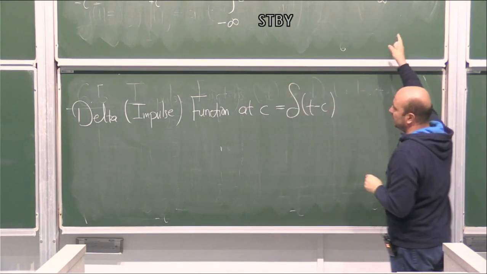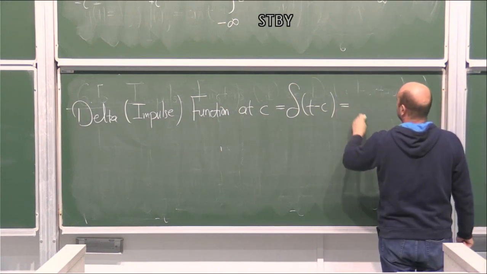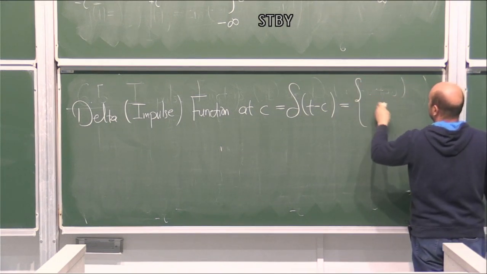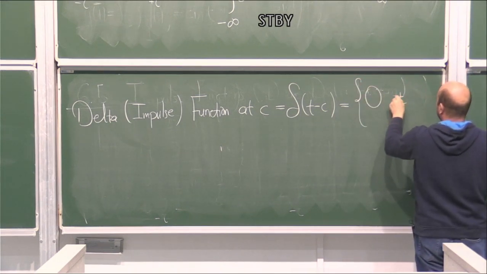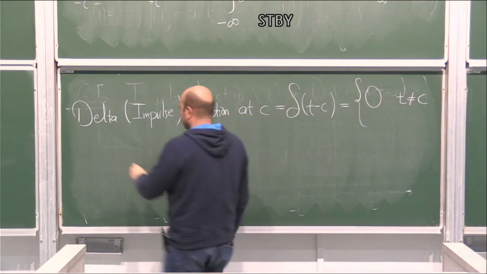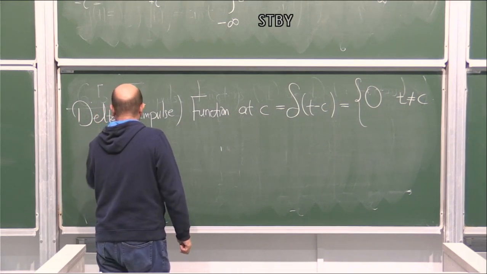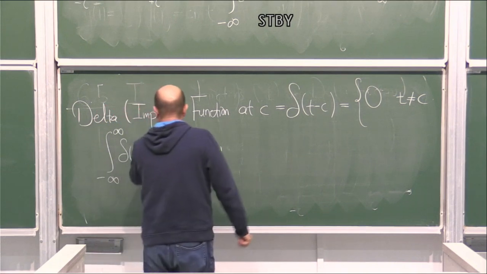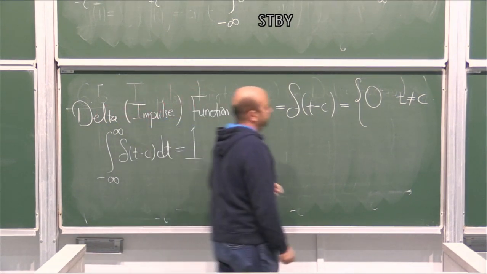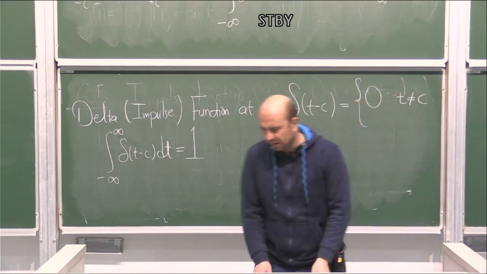This is the impulse at 0. It is defined as 0 when t is not c, but the integral from minus infinity to infinity of the delta function is equal to 1.